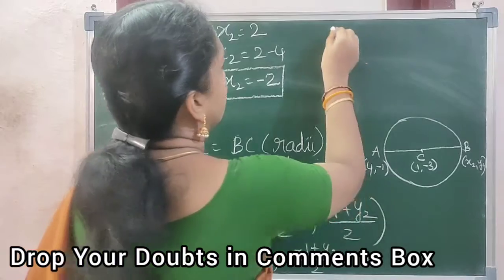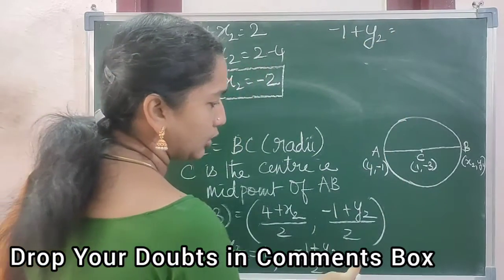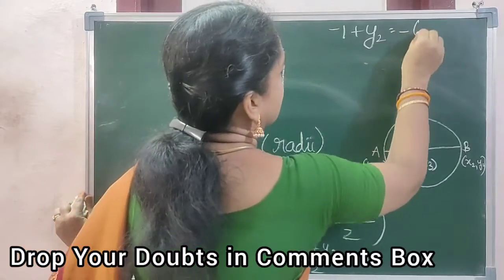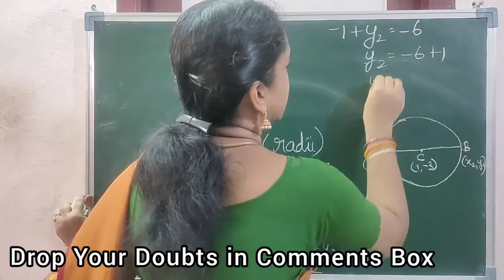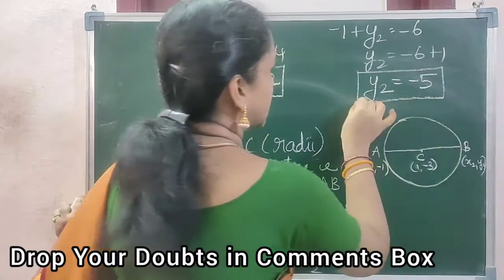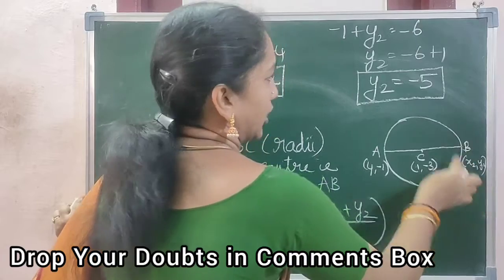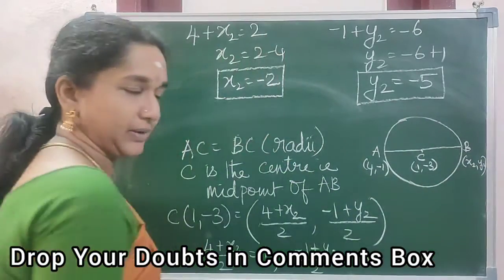And then minus 1 plus y2 is equal to 3 twos are 6, minus 6. So y2 is equal to minus 6 plus 1. So my y2 value is minus 5. So this is the B coordinate. So B coordinate is minus 2 comma minus 5.